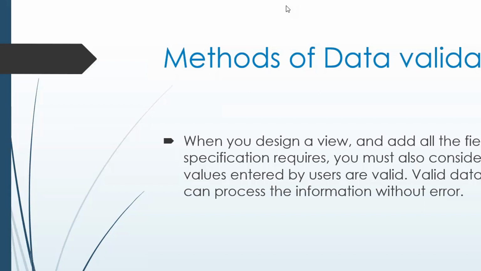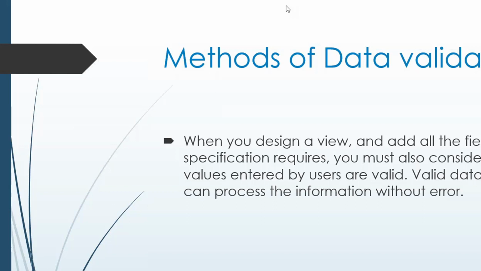Because any data that the user enters, I cannot just consider it and go on with processing it. I need to make sure the data is of the right format and the right type, so that only then I can proceed with my transaction without any errors.